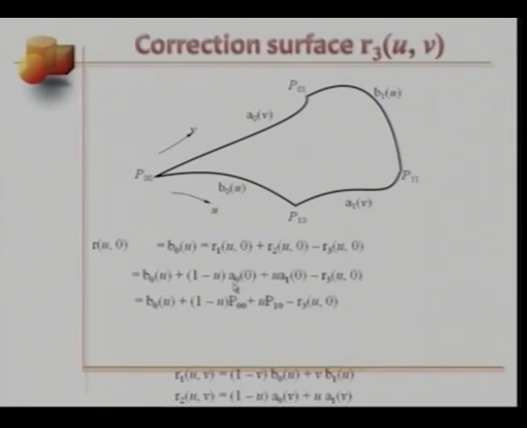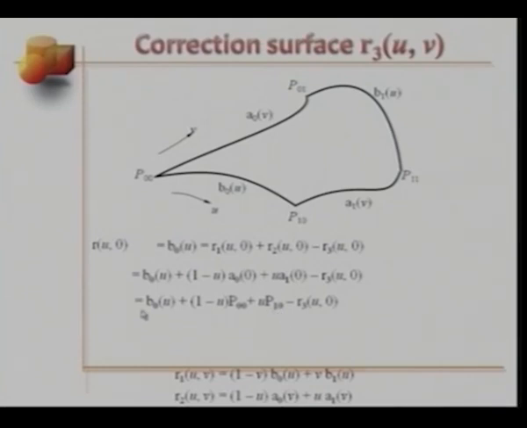If you look at A0 of 0, we are here on this curve, and for value V equals 0, we are here on this point P sub 0 0, which is what this is. Likewise, if you look at A1 of 0, we are on this curve, and for V equals 0, we are on this point P10, which is this here.